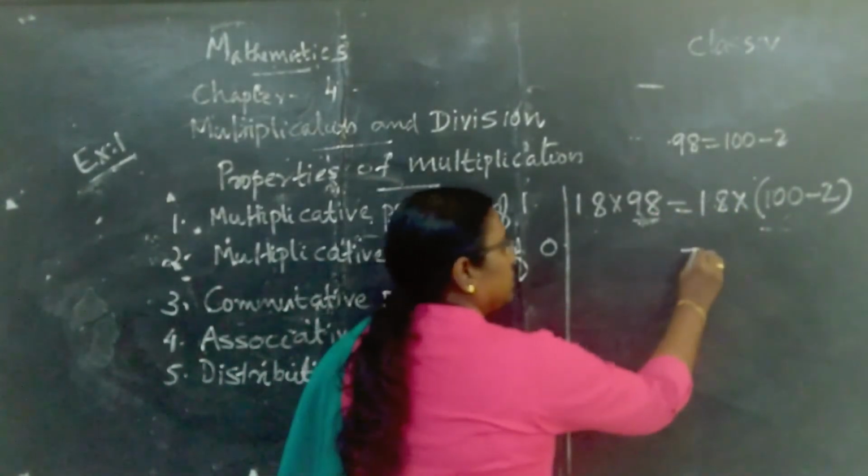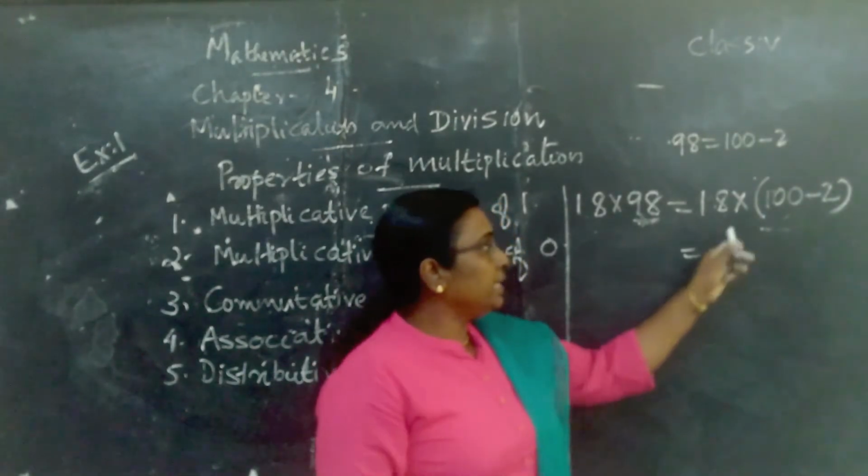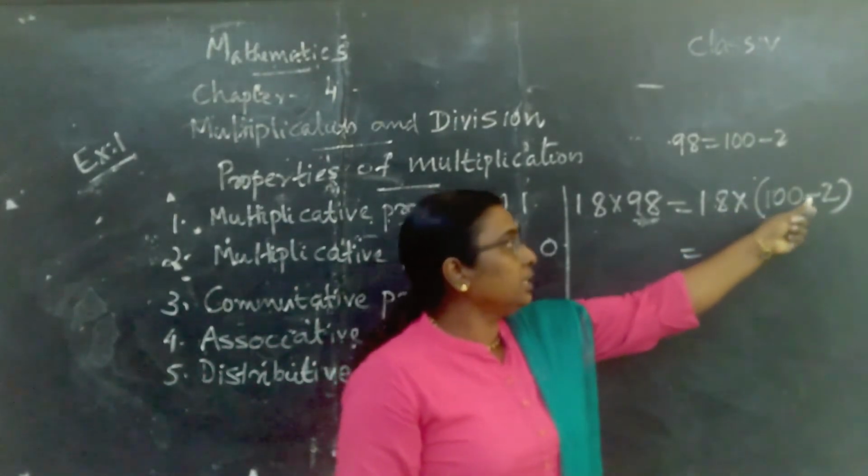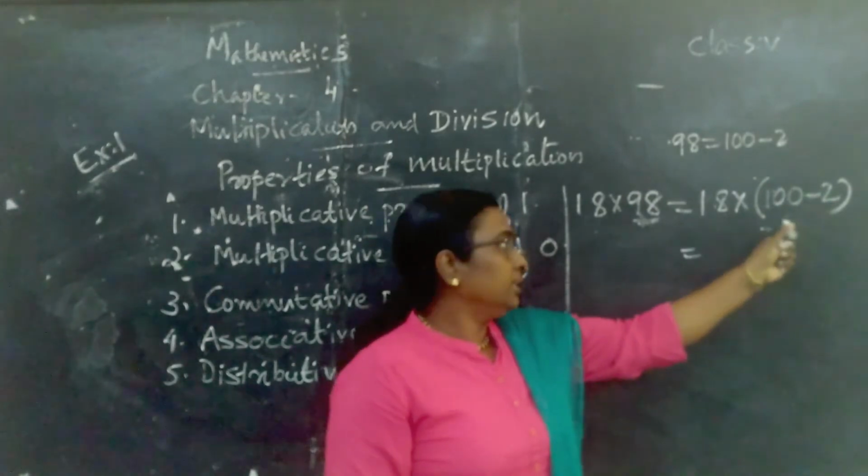Then in this multiplication, we distribute the multiplication over this subtraction.